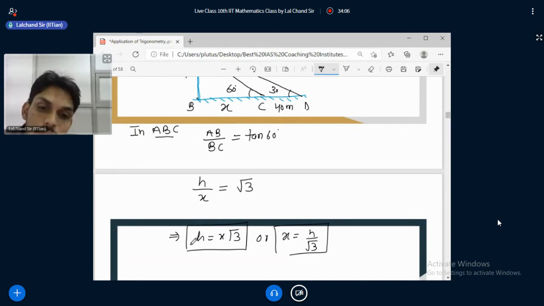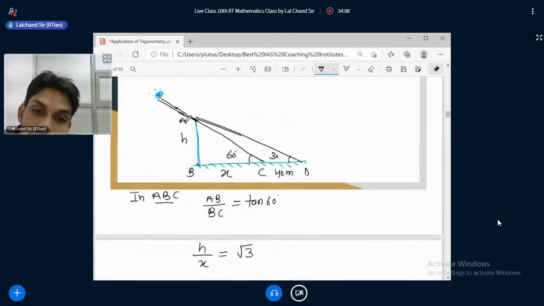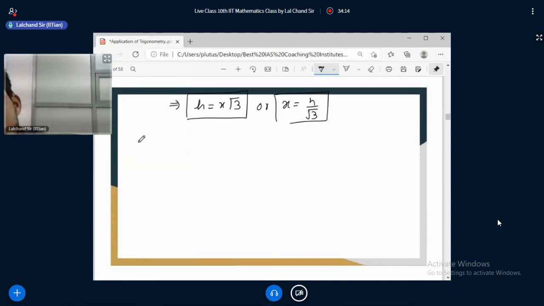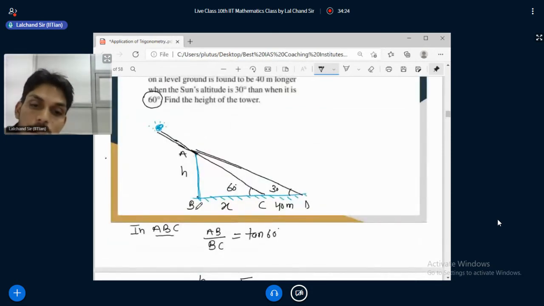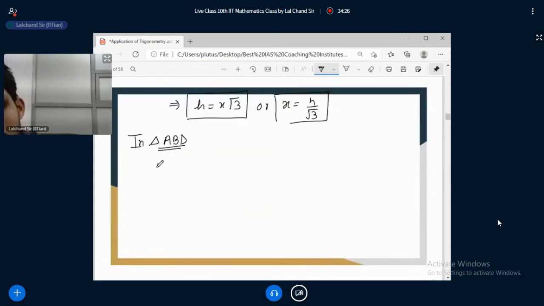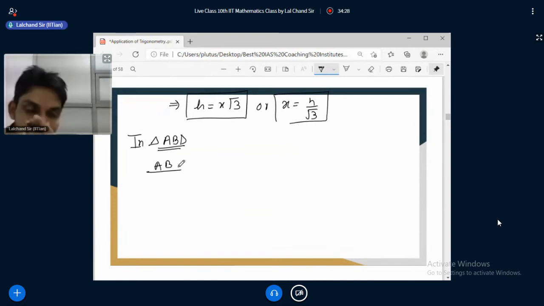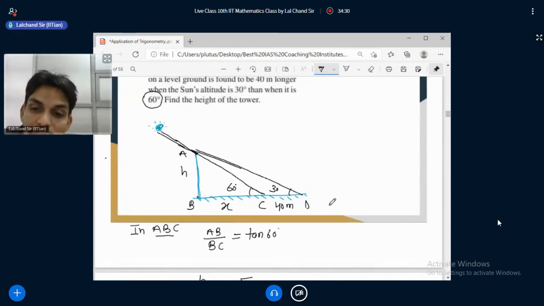Okay. Now, if we look into triangle ABD, so in triangle ABD, we can write AB divided by BD.